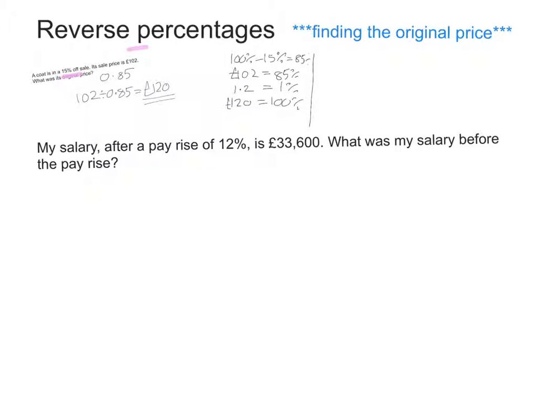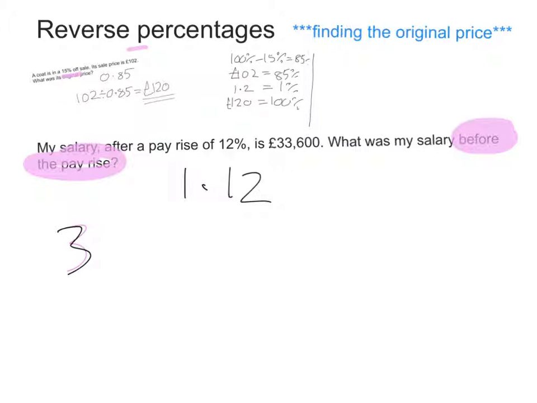Okay, so this time it's been a pay rise of 12%, so it's been an increase of 12%. That means that the multiplier is 1.12. It's a reverse percentage, which I know because I want to find my salary before the pay rise, so I want the original salary. With a reverse percentage, you don't times by the multiplier, you divide.